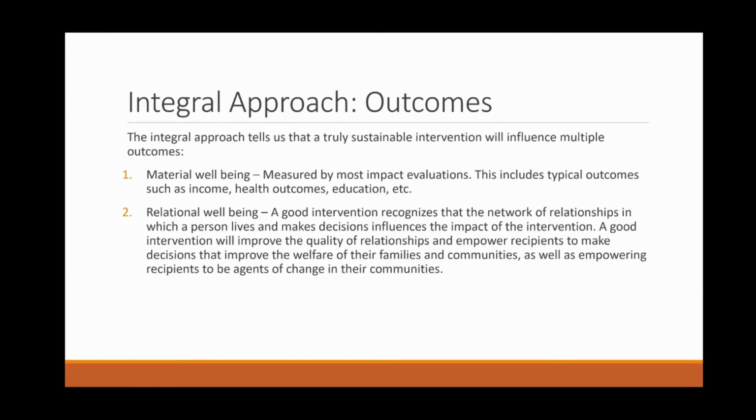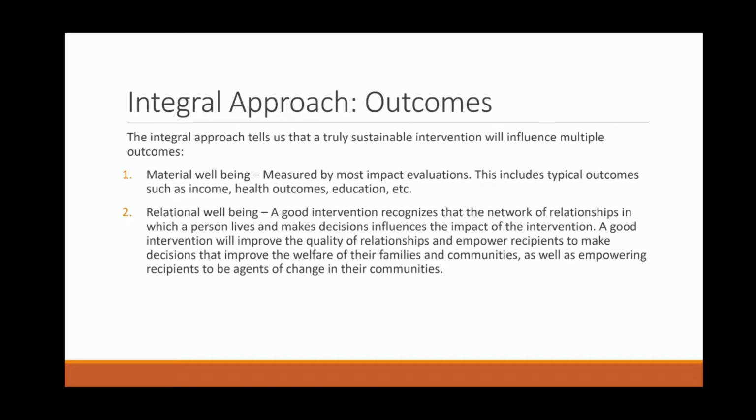Okay, so when we use the integral approach, we will use outcome variables that measure material well-being, typical things like income, health outcomes, education, etc. We will also use measures that capture whether or not the recipient is engaging well within the network of relationships in which they live.